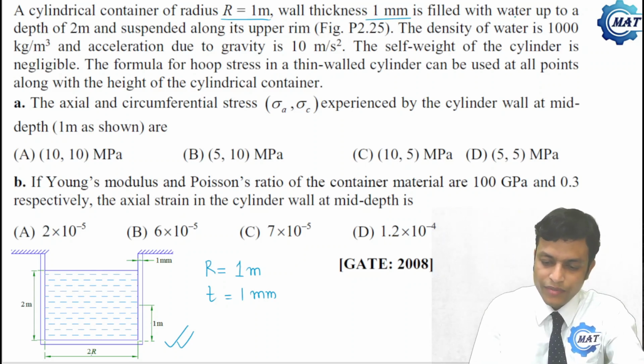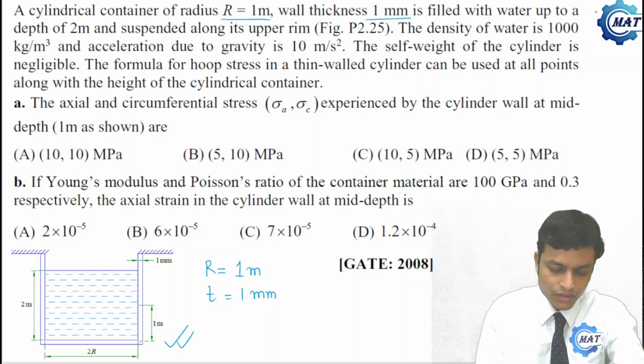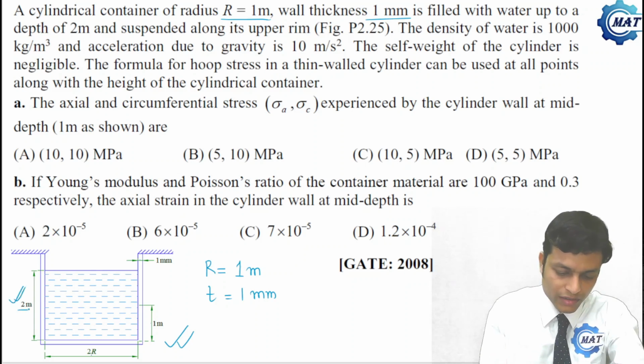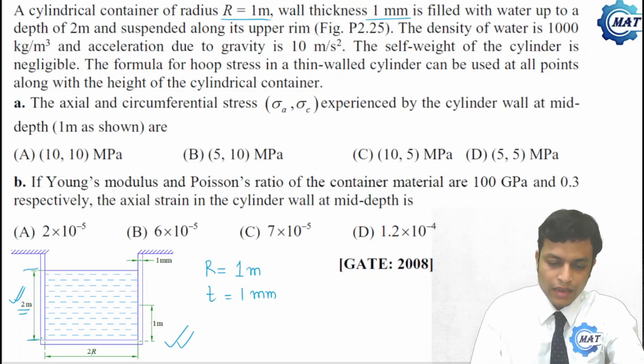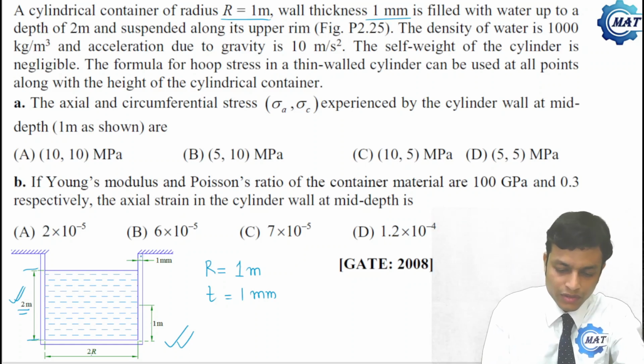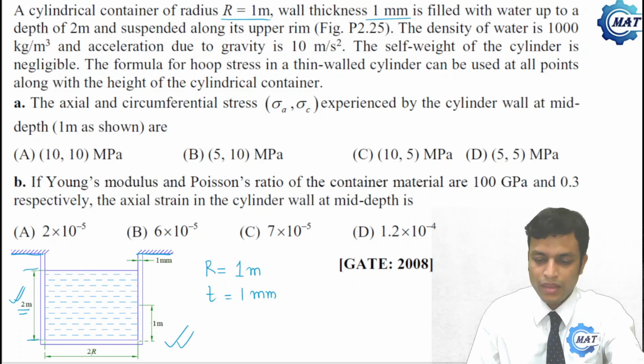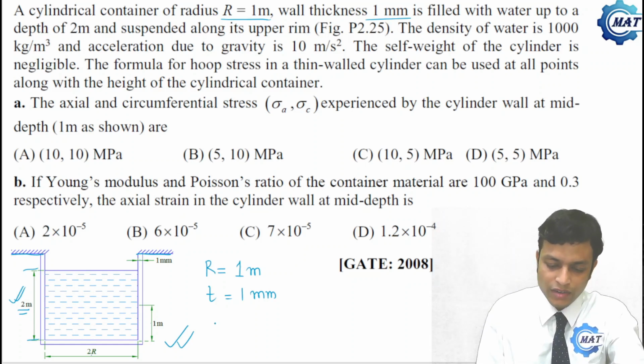Thickness is 1 mm, filled with water up to a depth of 2 meter. So here it is mentioned 2 meter, this is 2 meter. So water filled up to 2 meter and suspended along its upper rim. So this is the upper rim, it is suspended along the upper rim. The density of water is given also.